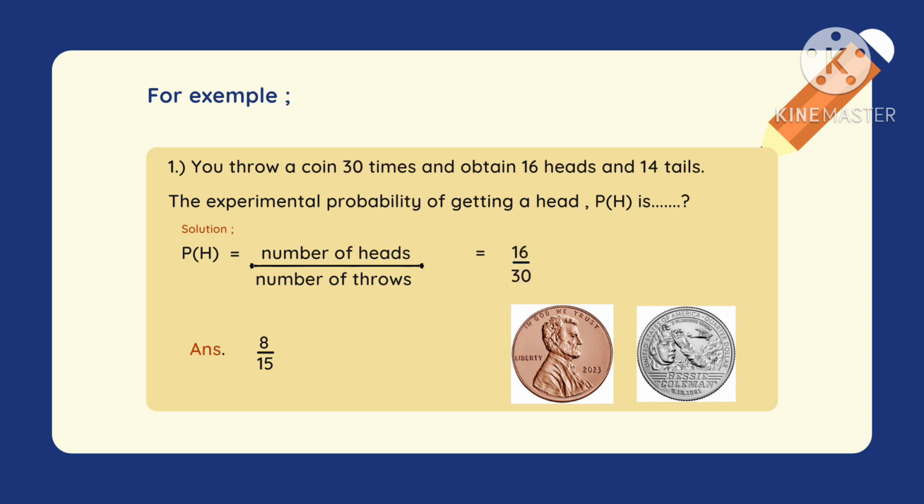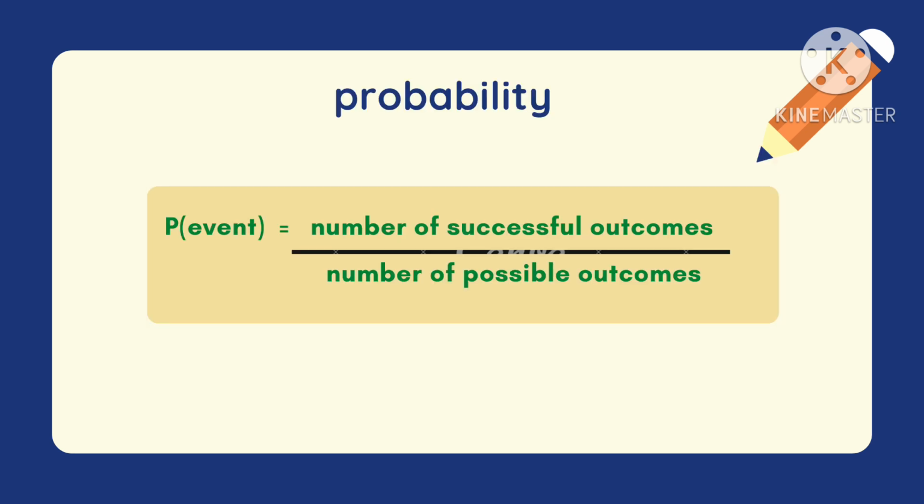We can reduce it to lowest terms, and so the answer to this example equals 8/15. The probability of an event happening is the number of successful outcomes divided by the number of possible outcomes.